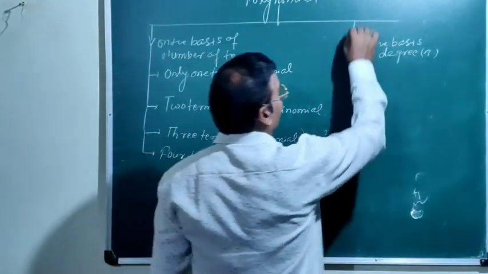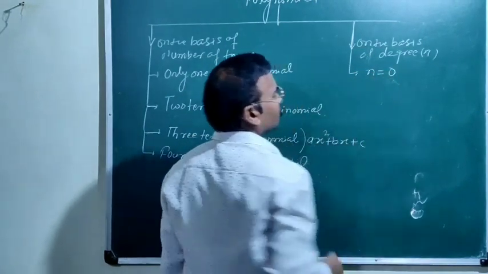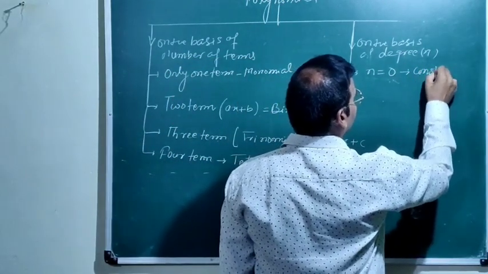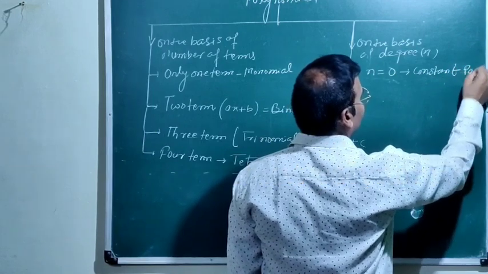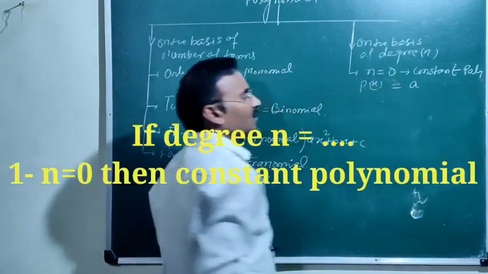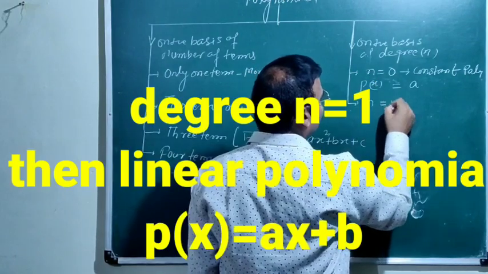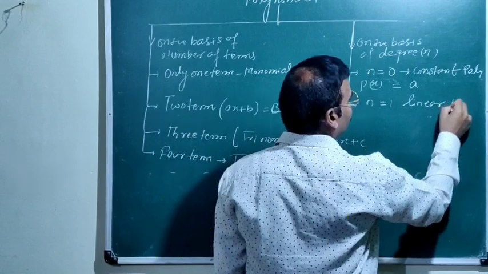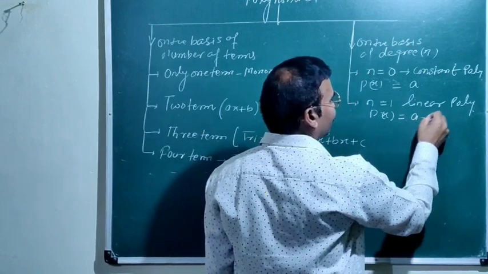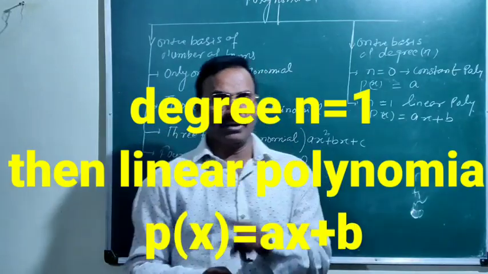So now next, on the basis of degree, if n equals 0, this is called a constant polynomial. For example, p(x) equals a only. Second, n equals 1, it is called a linear polynomial. For example, p(x) equals ax plus b, its maximum power of the variable must be 1.